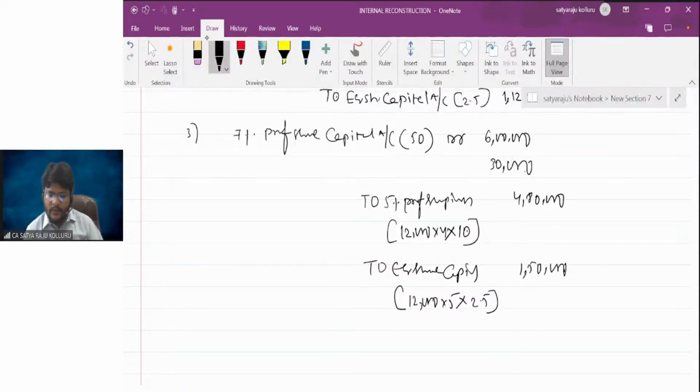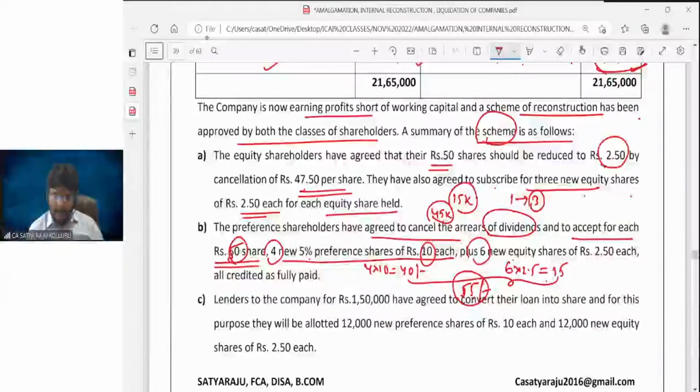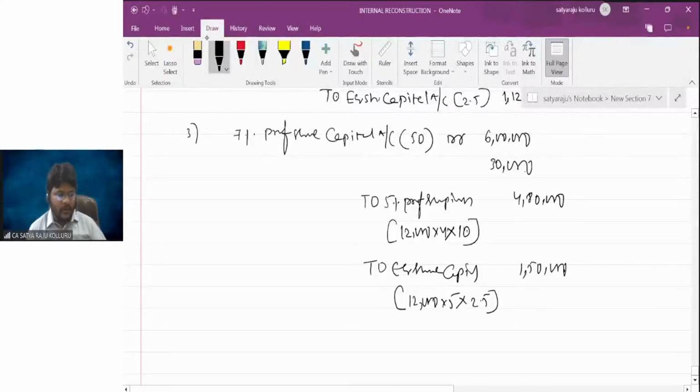4,80,000 plus 1,50,000. How much here? Oh, just a moment. 60,000 should come now, because we are paying excess of 5 rupees, then 12,000 into 5 will be 60,000. Then why did we get 30,000 only? Just a moment. Was any mistake done?